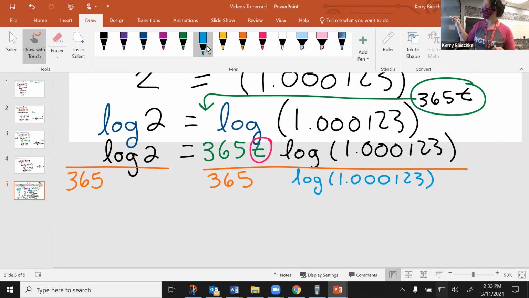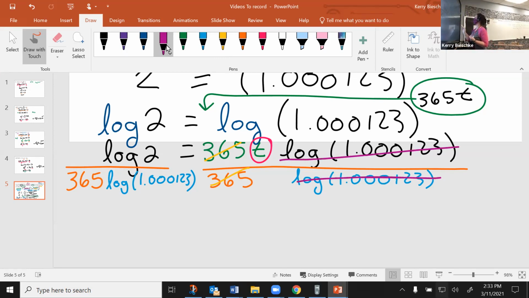So I've got to divide both sides by the same thing. That's going to cause my 365s to cancel out. And it's going to cause my logs to cancel out over here. And we're going to be left with just t.